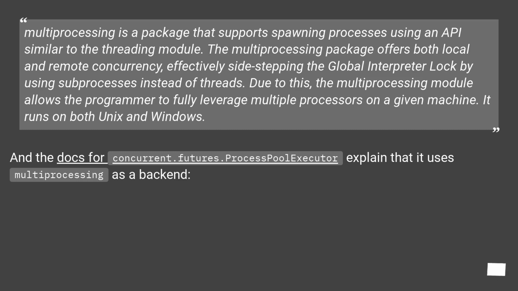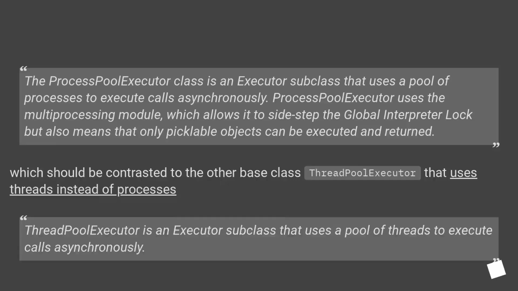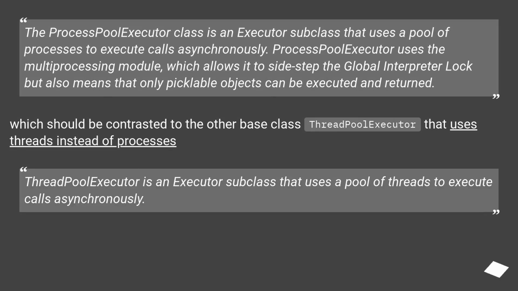And the docs for concurrent.futures.ProcessPoolExecutor explain that it uses multiprocessing as a backend. The ProcessPoolExecutor class is an Executor subclass that uses a pool of processes to execute calls asynchronously.